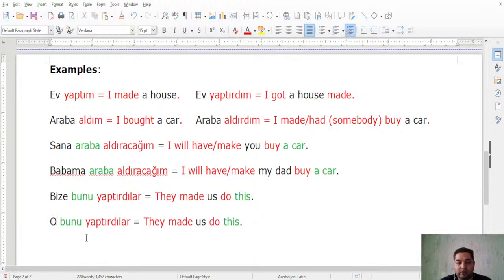So here you have to make it the dative case of o, and the dative case of o is ona. Okay, ona. Here we have a fusion letter again, n. So the dative case ending a is added, and we have the fusion letter n in between. So ona bunu yaptırdılar. They made him or her do it, do this, or do it. It doesn't matter.